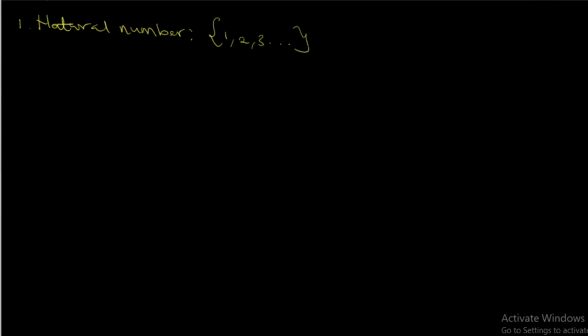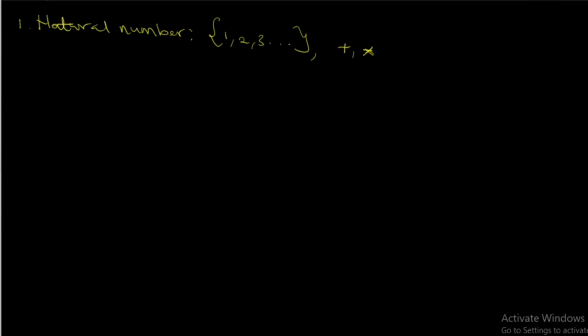And the natural numbers are closed. Let's take note of this. Natural numbers are closed under addition and multiplication. And let's try and prove the reason why natural numbers are closed under addition and multiplication.